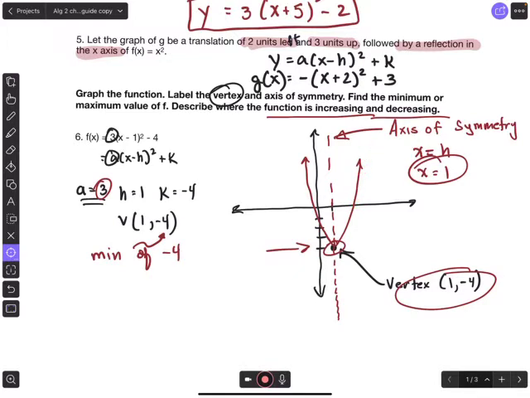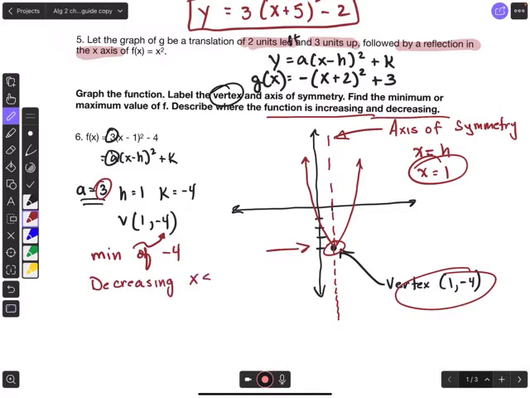So we say it is decreasing when x is less than, well, just less than 1 because it reaches its min.